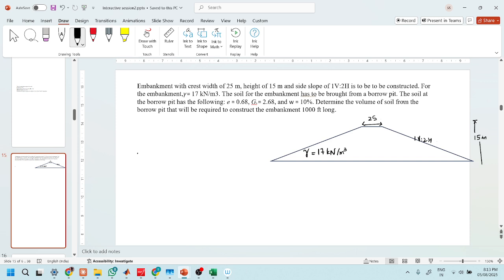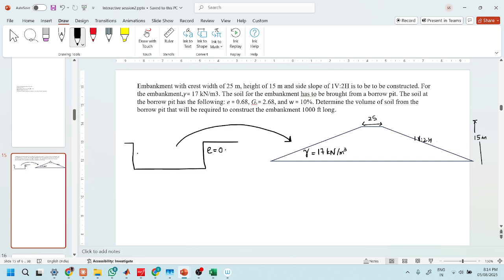The soil for the embankment is to be brought from a borrow pit. So we have a borrow pit in which we are excavating and then using this soil to make the embankment. Soil at the borrow pit has the following properties.